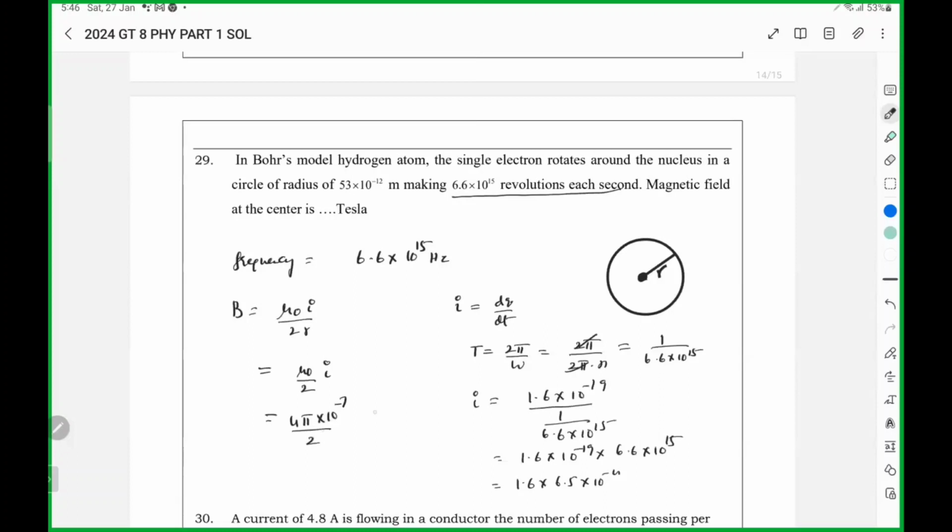I here is 1.6 into 6.6 into 10 power minus 4.